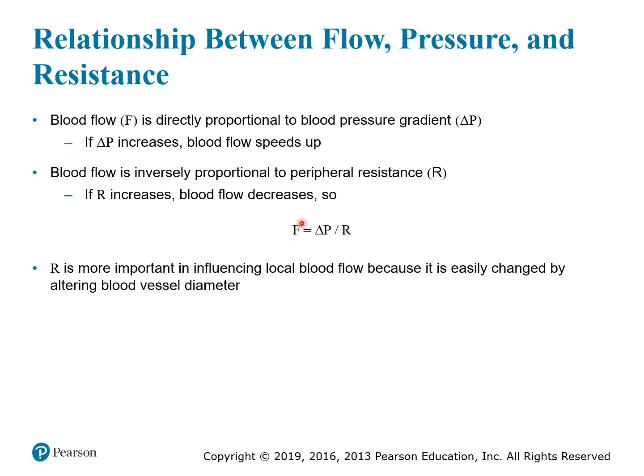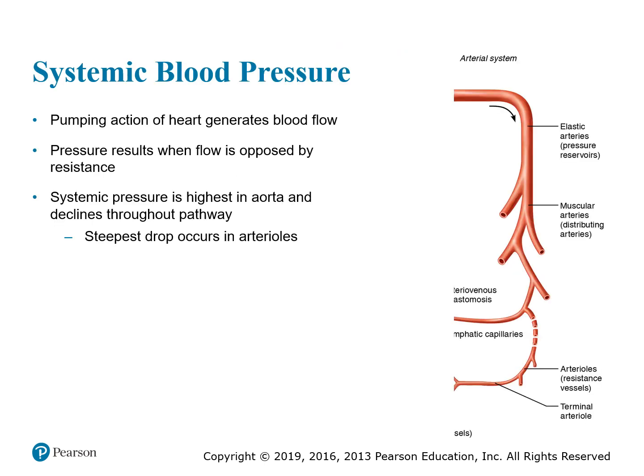So F is the blood flow. It is directly proportional to the pressure gradient and inversely proportional to the resistance. And resistance is more important in influencing local blood flow because it is easily changed by altering blood vessel diameter, like we already saw. Now let's see the pumping action of the heart.